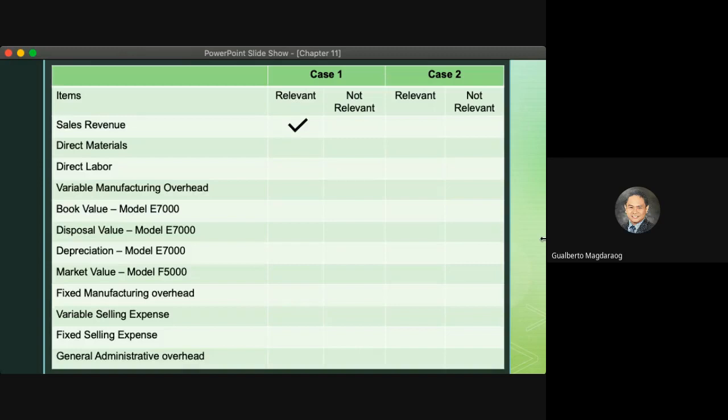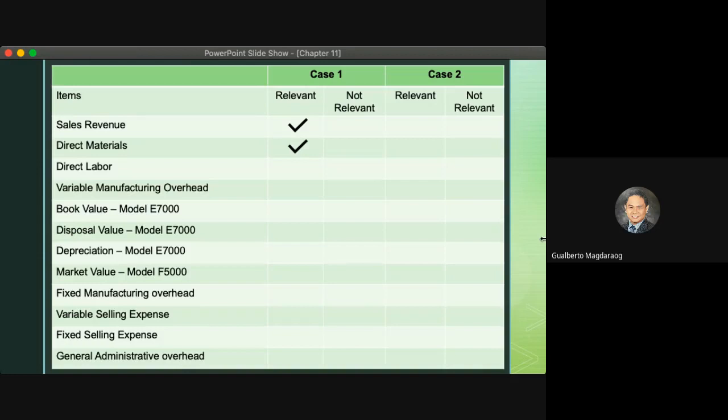How about direct materials? Since there will be an increase in production, there will also be an increased need for raw materials. So therefore, this is a relevant cost. Okay? How about labor?